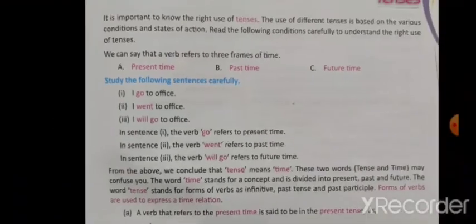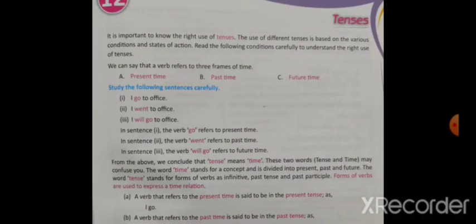There is one more thing that we have to clearly set our minds on: tense revolves around the verb. With the help of the verb only, it will be understood what tense we are talking about.